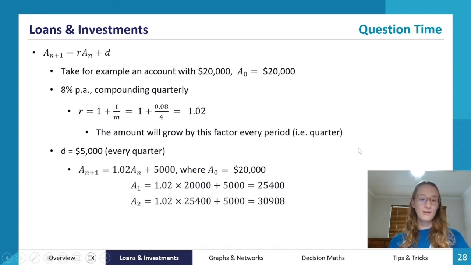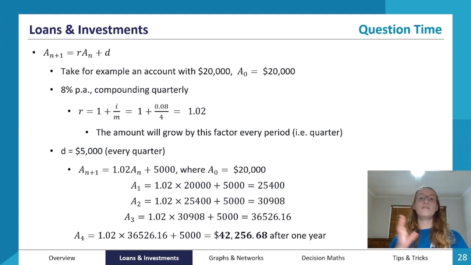And if we apply the formula again to get A2, we'll see that we have $30,908, and then A3, after a third quarter, and then A4 after a fourth quarter. So that means in this annuity, we'd have $42,256.68 after 1 year, because we started with $20,000, and then each quarter we added another $5,000.